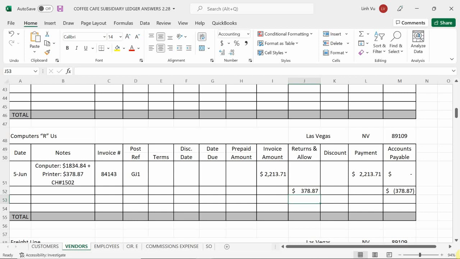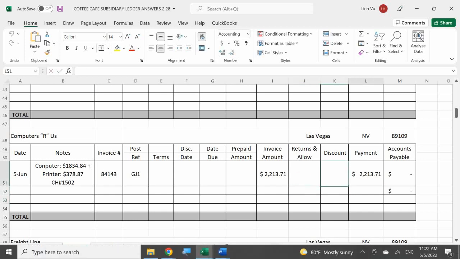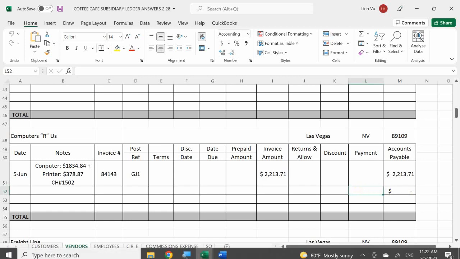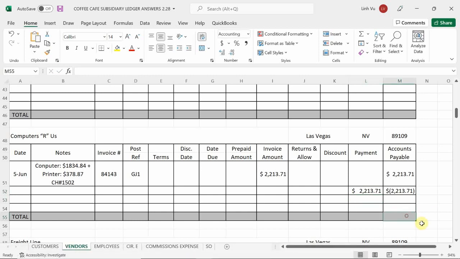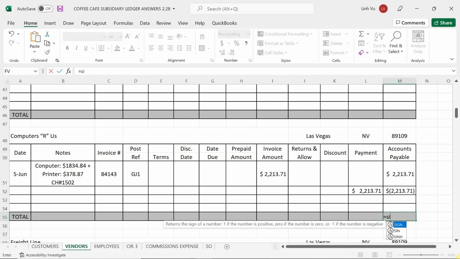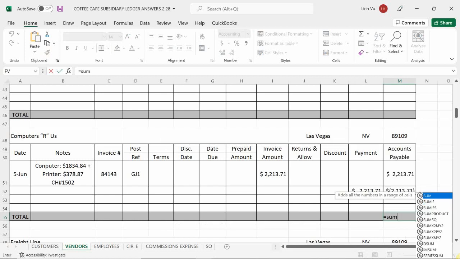So that's what it means when you do buy something and you do the formula. This is how it works. Let's say I didn't pay for it. Now it tells me that I owe $2,213.71. But if I decide to make that payment now, it will subtract this, and what is in the gray is supposed to be your total amount that you owe overall amongst all your bills.